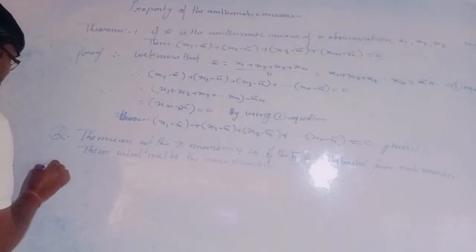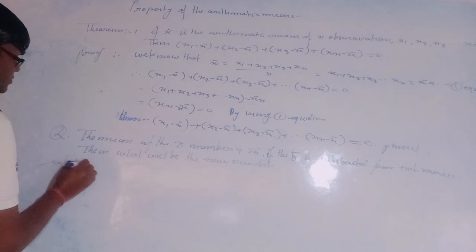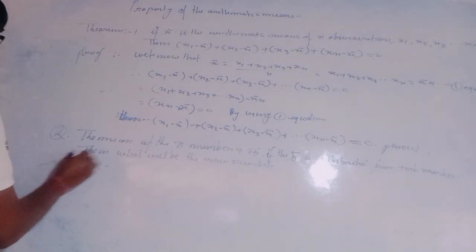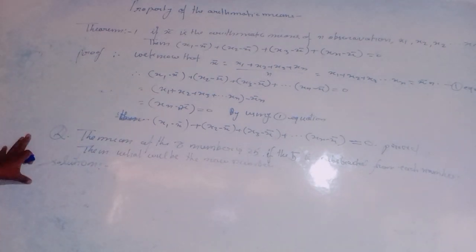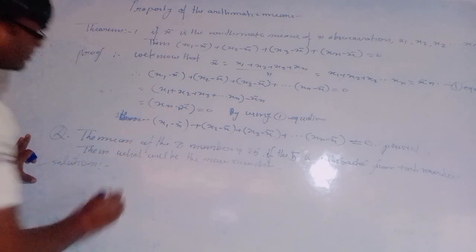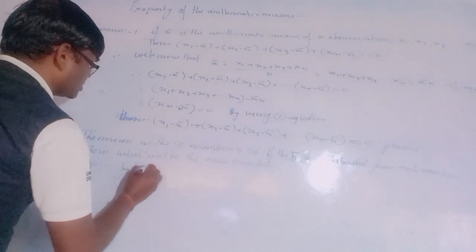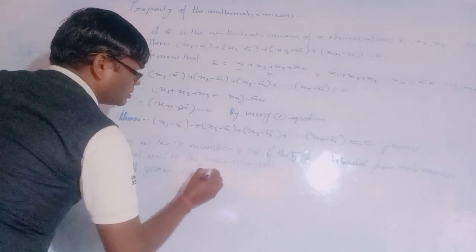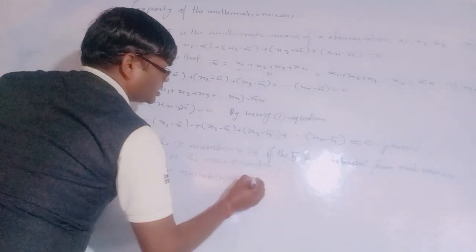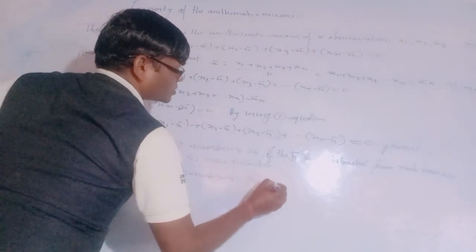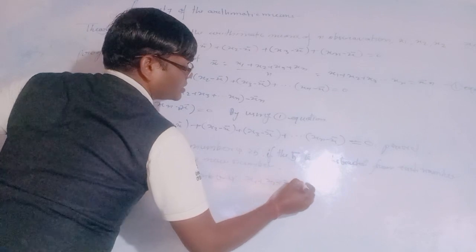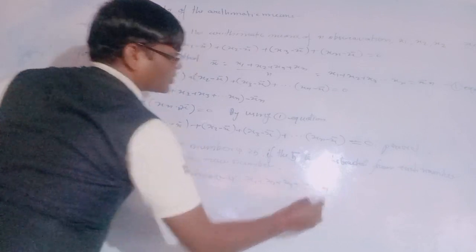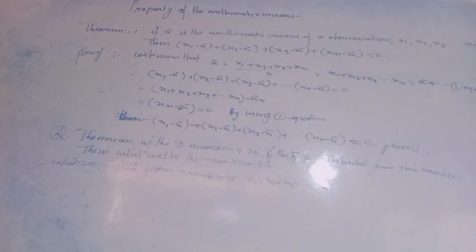So for the solution, we will write here solution as we have been doing. Let the given 8 numbers be x1, x2, x3, up to xn.